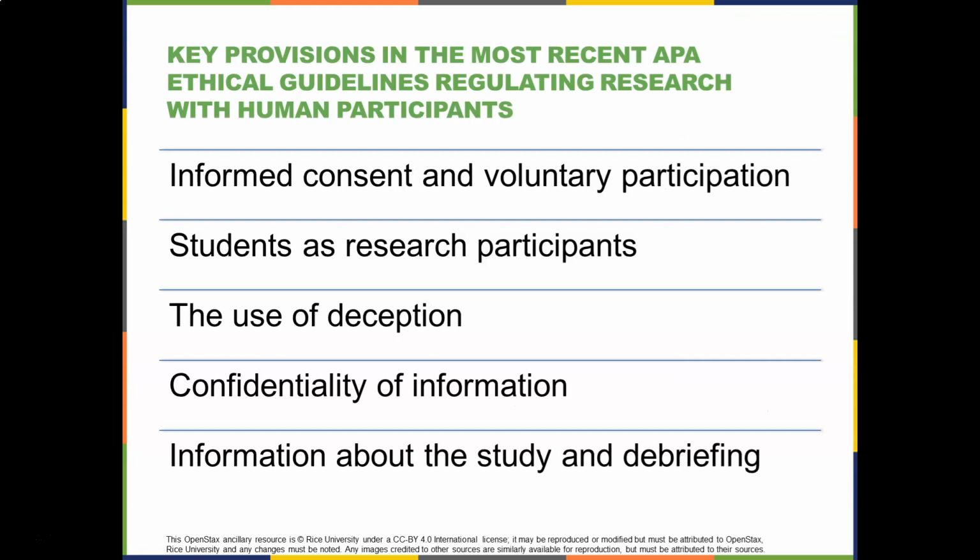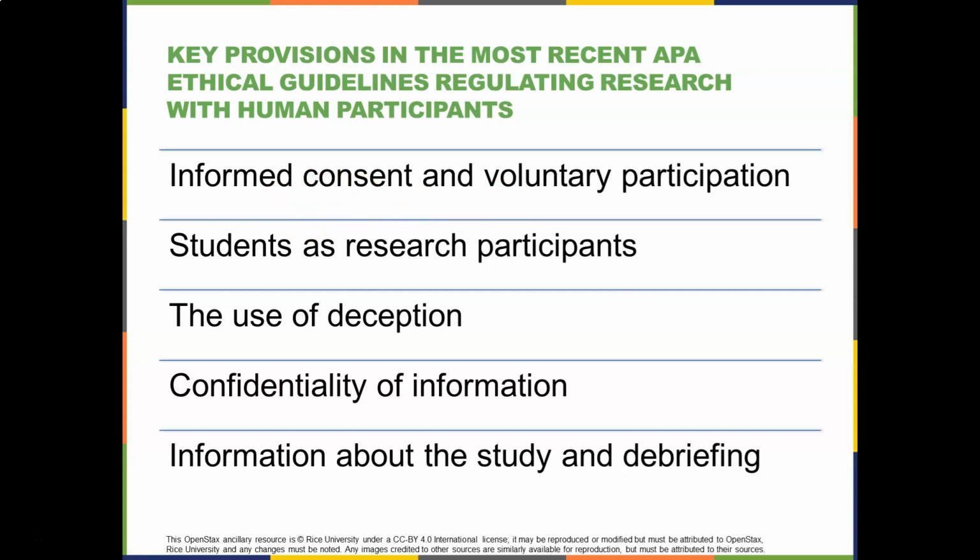So last but not least, there are a few things that researchers are required to do. They give an informed consent. So basically informed consent just tells the participant what we're going to do in this study.